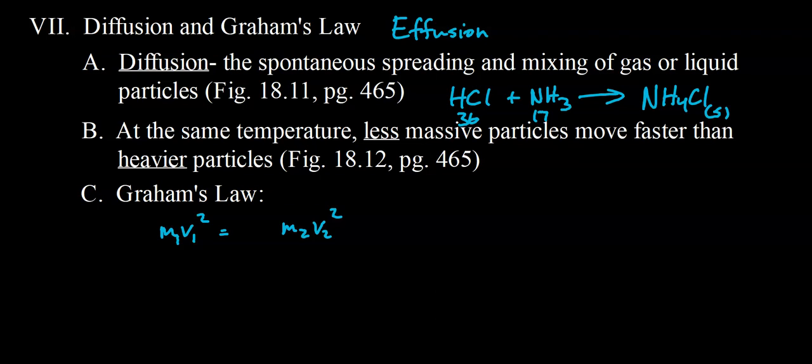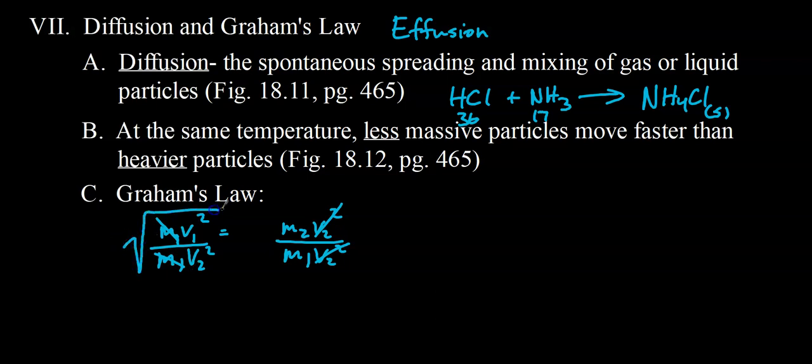I'm just going to rearrange it so that I have the velocities on the same side, both of them, and then the masses on the same side. So I'm going to divide both sides by m1, and I'm going to divide both sides by v2 squared. So v2 squared cancels there, m1 cancels here, and so we have v1 squared over v2 squared equals m2 over m1.